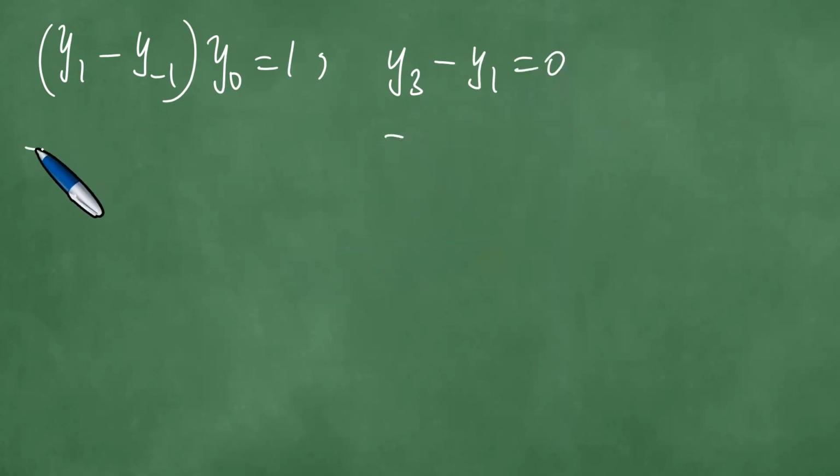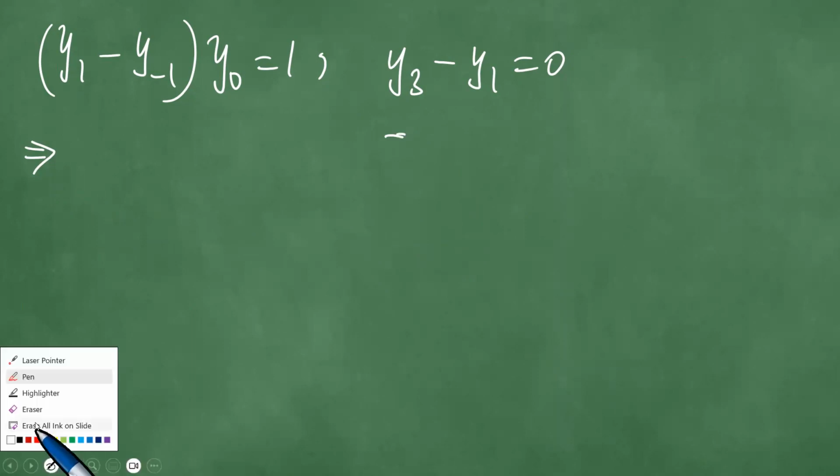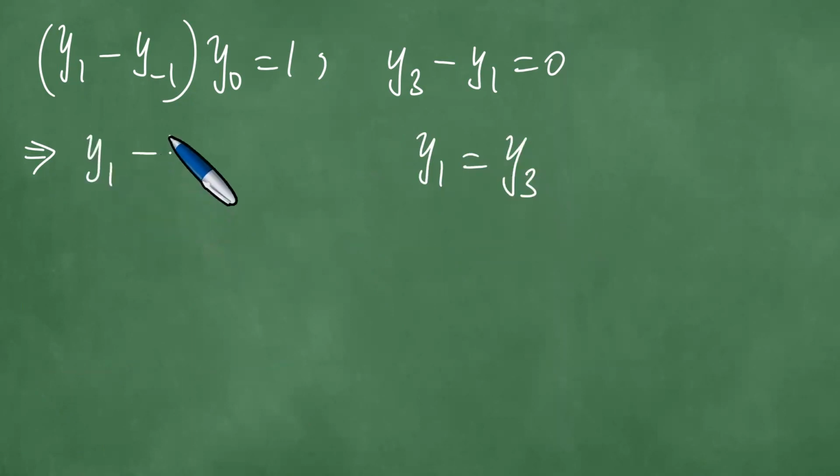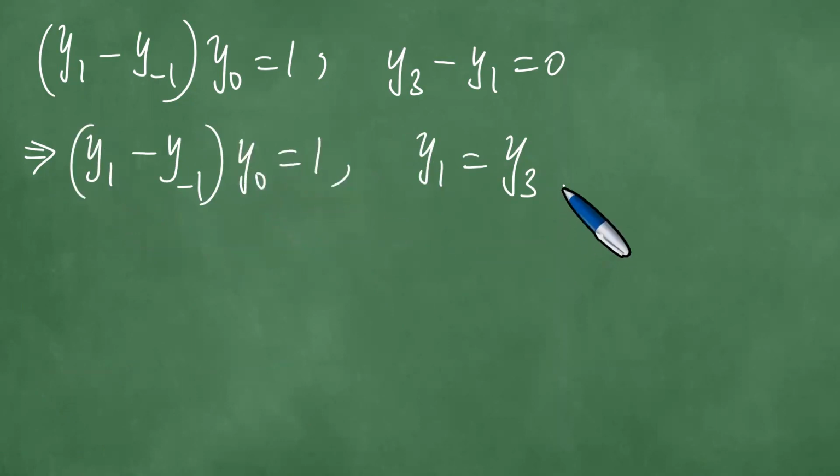Obviously, we're getting a couple of things here. For example, this particular boundary condition tells us that y1 equals y3. And this one is y1 minus this, and then y0 equals 1.